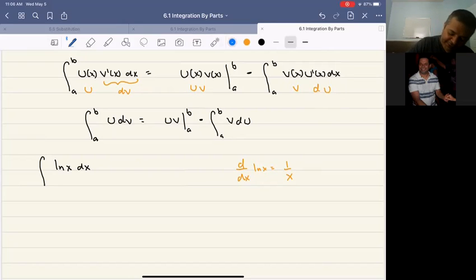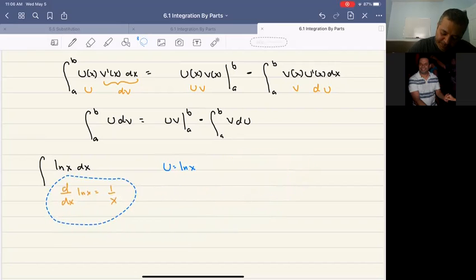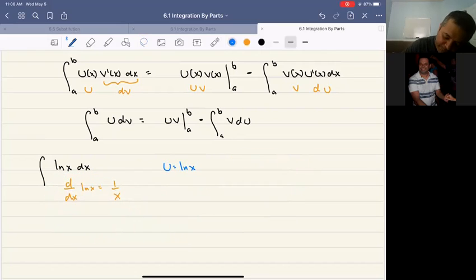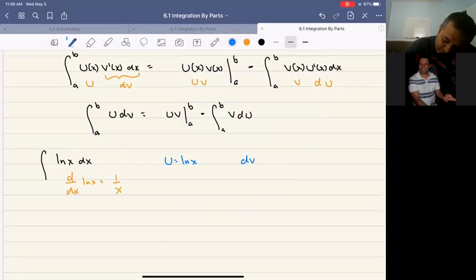So let u equal natural log of x. Now what's my dv? I'm going to let dv equal dx. That's one of the reasons why we use this language.